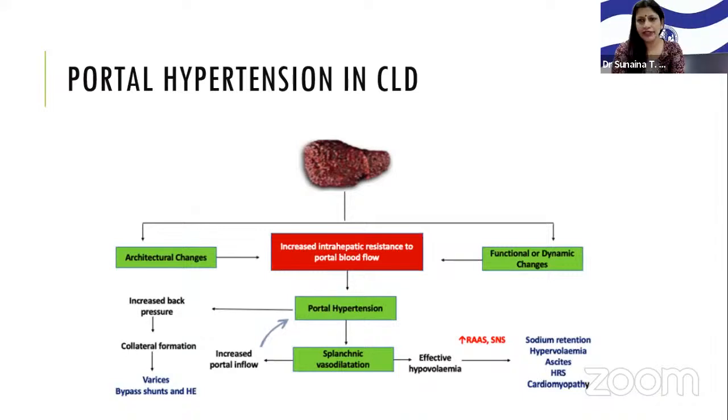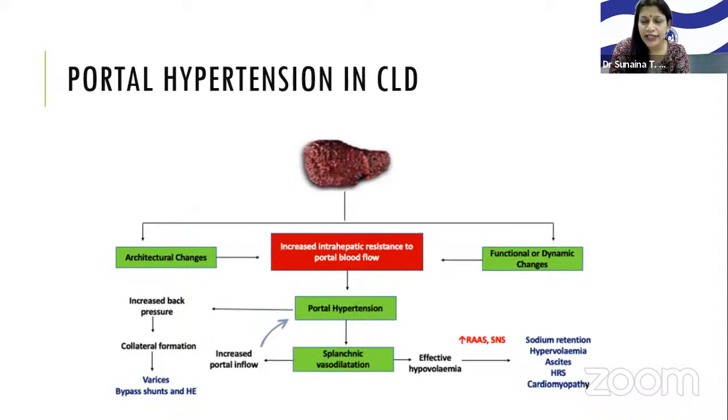Yes, so there is resistance to portal blood flow, which causes back pressure, an increase in splanchnic pressure and hydrostatic pressure, plus there is hypoalbuminemia. So there is oozing from the mesenteric vessels, the fluid comes out, and there is more translocation of gut bacteria, which causes endotoxemia. All of this causes further splanchnic vasodilation. This decreases the effective circulating volume.